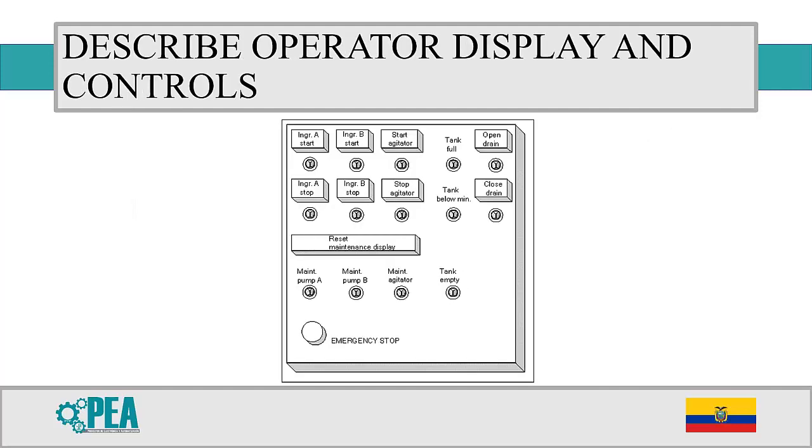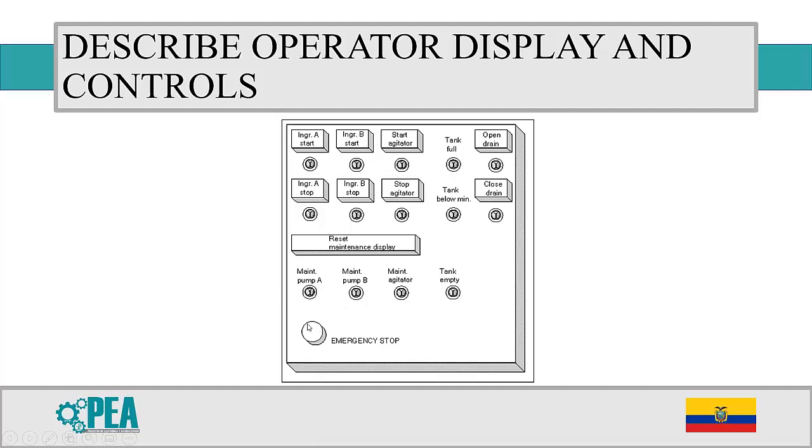And now we will have a description of the operator display and controls. As I told you before, this can be physical or an HMI. In case it's physical, you will have buttons and pilot lights. In case it is an HMI, we'll have way more possibilities to represent this.